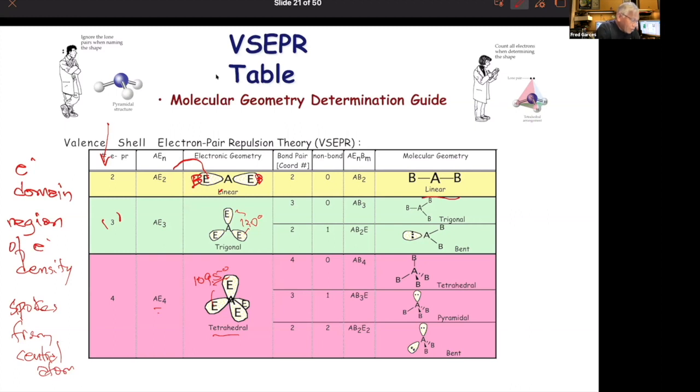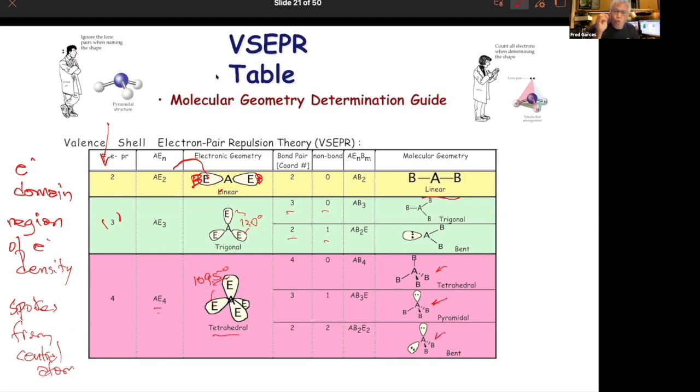When you have 3 regions of electron density, all 3 at the ends could be bonded atoms, or only 2 at the ends can be bonded atoms and 1 lone pair. So that's what we mean by these numbers right here. Okay, when we have 4, you can have 4 bonded atoms at the end, like you see right here, or 3 bonded atoms and 1 lone pair, or 2 bonded atoms and 2 lone pairs.